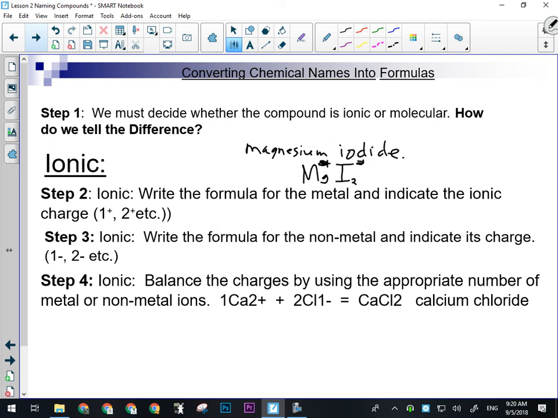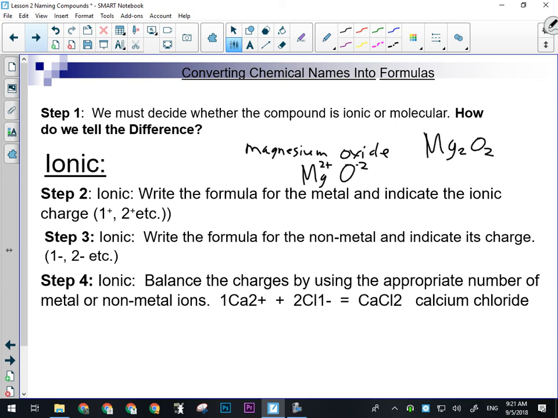Fairly straightforward. The only exception happens if, instead of magnesium iodide, I got magnesium oxide. Then I would have Mg 2+ and oxygen 2-. I don't write it like this. They cancel each other off.